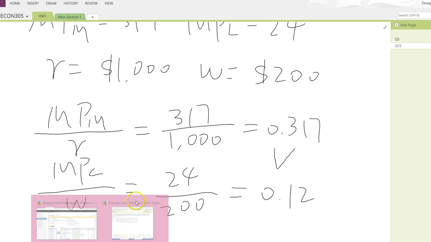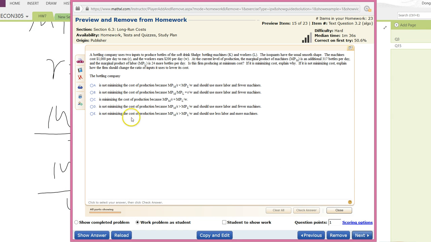So let's see which option matches our analysis. A is not minimizing the cost of production because this holds, and that's not true. It's actually the other way around. B is not minimizing the cost of production because this holds. No, this doesn't hold.